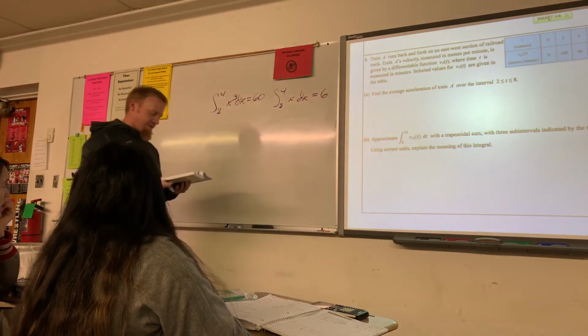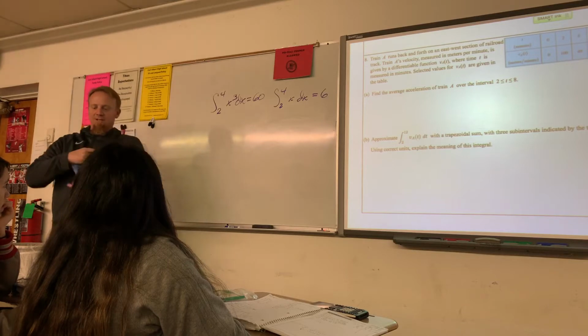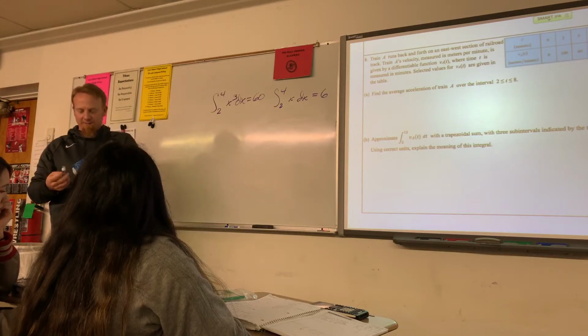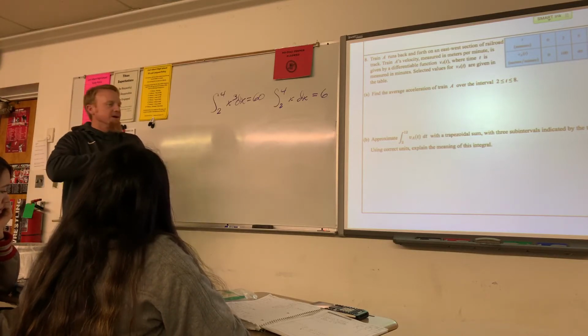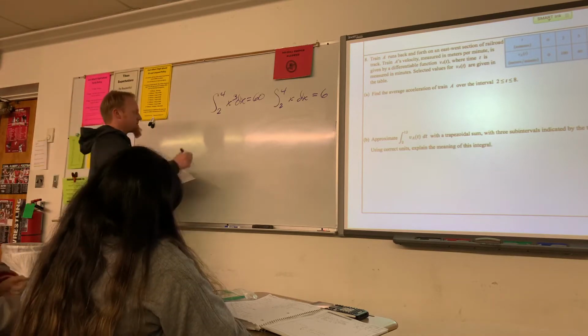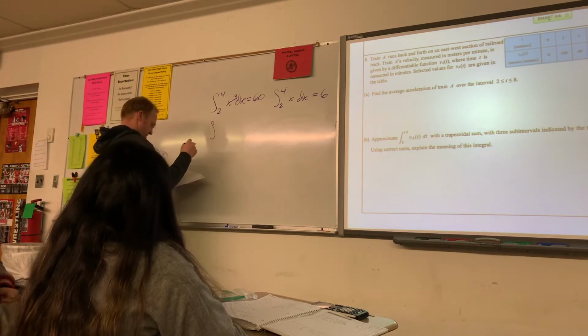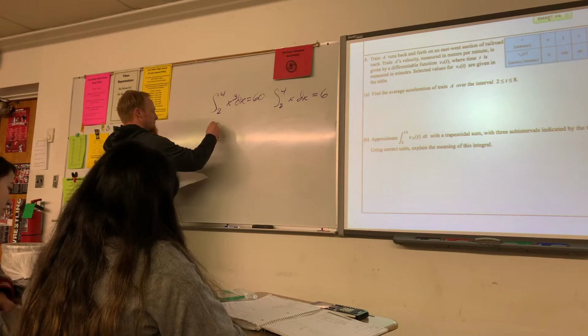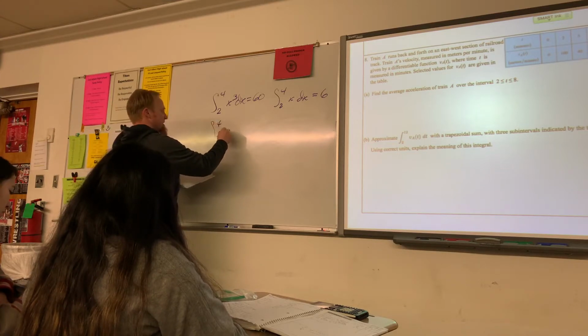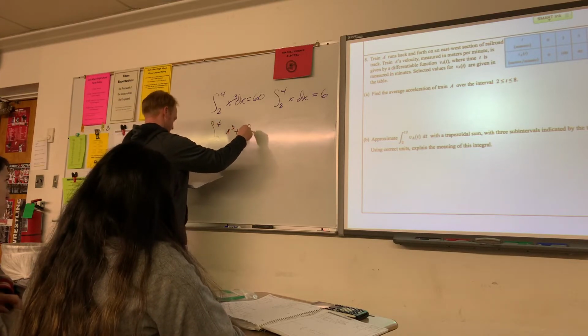I'm not even going to write the last one down. You probably shouldn't even use the right one. The right one doesn't even need to be there. Which one do you want to see? 42, and then one of the complicated ones, like 43. The integral from 2 to 4 of x cubed plus 4 dx.